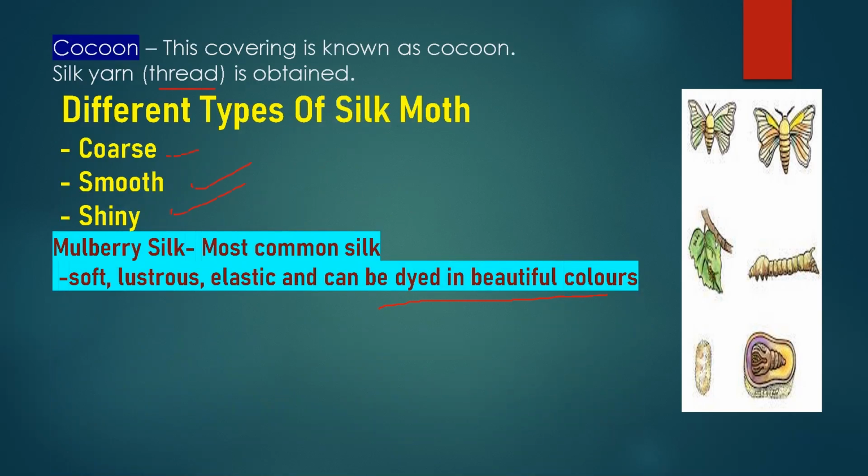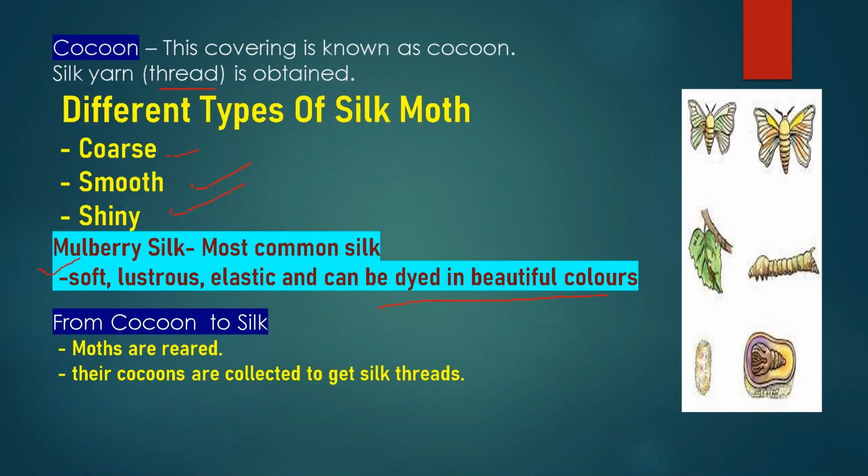You must have seen your mother or your aunt's sarees of different silk, with different textures. The most common silk is from the silk moth, and it is called mulberry silk.